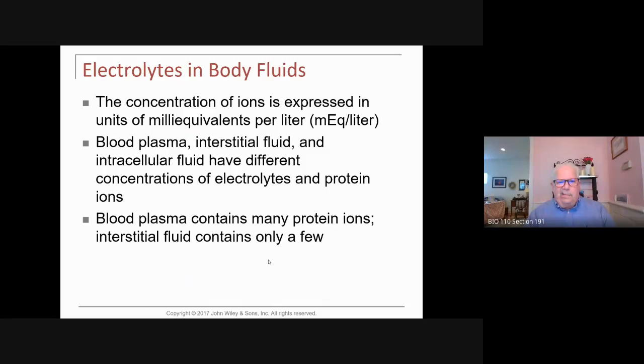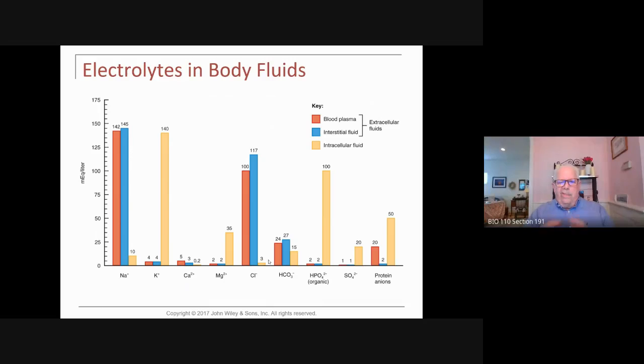In the blood plasma, in the interstitial fluid, and in the intracellular fluid, there are different concentrations of not only electrolytes, but also proteins. This chart is extremely important. I'm going to take at least 3 questions from this chart. I want you to look at yellow, everything that's yellow.